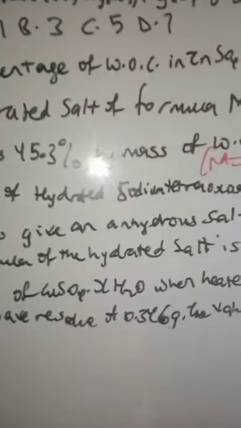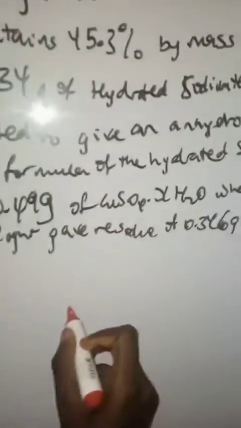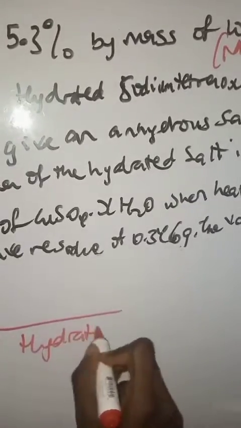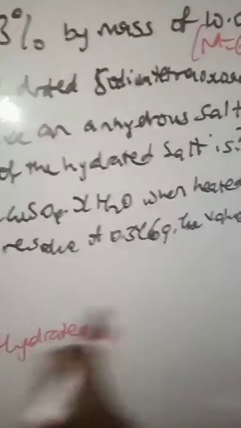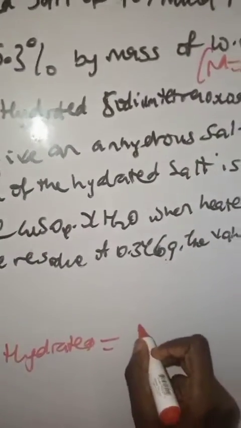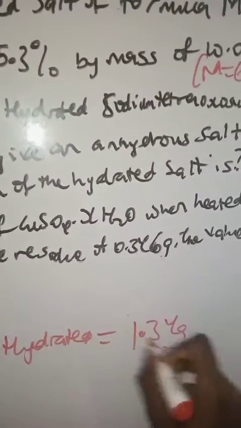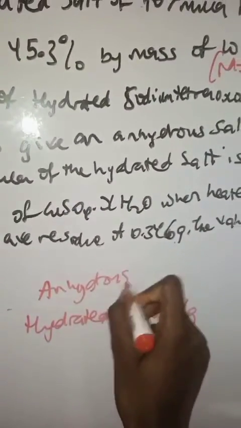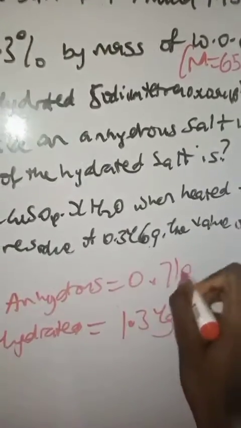Yes, 1.34 gram of hydrated sodium tetraoxosulfate 6. So you've been given your hydrated. Let me write the parameters first. Hydrated is 1.34 gram. It was heated to give an anhydrous salt weighing 0.71 gram. Anhydrous, 0.71 gram.